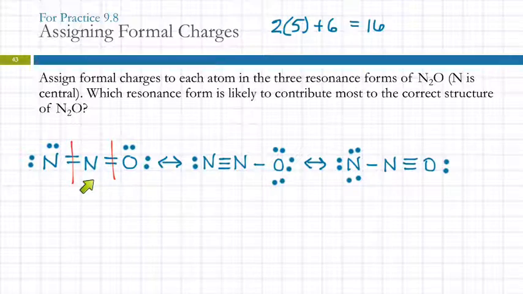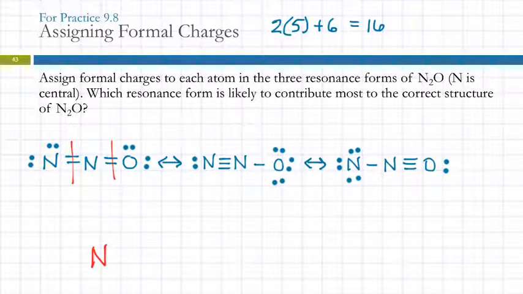How about this nitrogen? It's got 4 bonds. That's not what it likes either, so that's not going to be 0. What about the oxygen? Is that going to be a 0 formal charge? Yeah. How am I doing that? I am looking at the Lewis structure for the individual atoms.